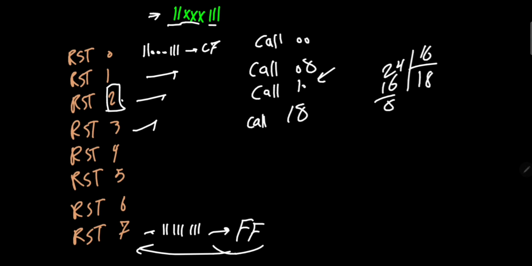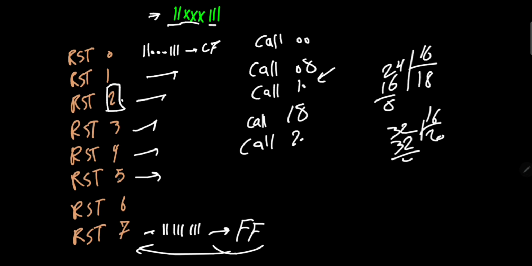And after 24, we get to 32 divided by 16 would be 2, right? So this would be call 20. This RST5 would be 5 times 8, call 40 decimal. Again, 40 decimal is 2, 8.